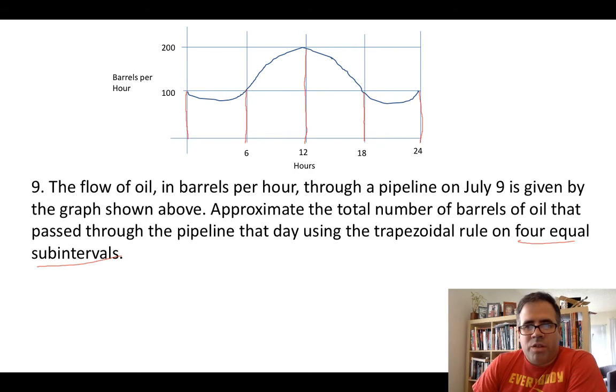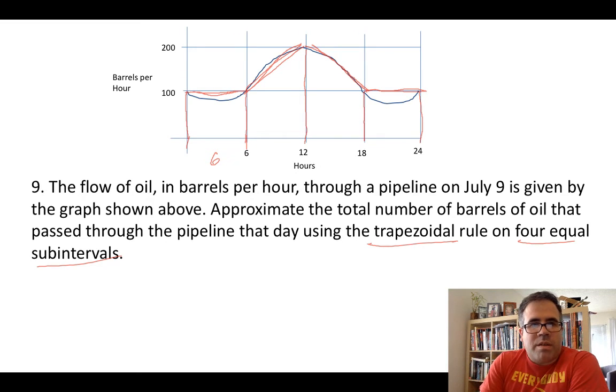And when you turn them into trapezoids, these are actually kind of boring trapezoids. But the point isn't to make it interesting; there's only so much interest you can get in trapezoidal rules. So it's not a big deal that it's boring. The last thing is to remember that the widths of these trapezoids are 6 hours each time.